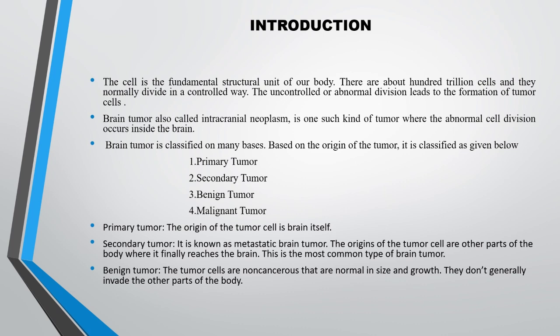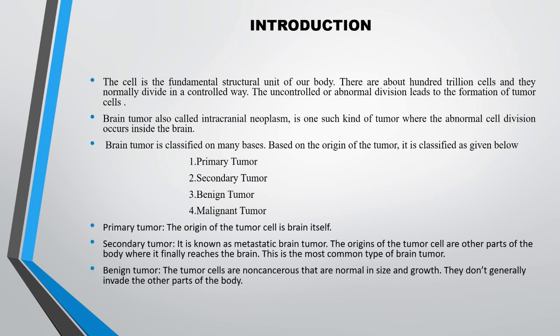This tumor is classified in many ways, like primary tumor and secondary, meaning malignant. For the primary tumor, the origin of the tumor cells is in the brain itself. The secondary is also known as a metastatic brain tumor.